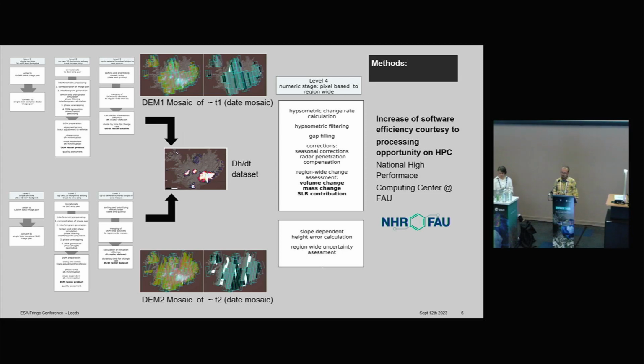We do a gap filling where scenes could not be fully acquired in the overlapping areas, so a hypsometric interpolation of gaps, and then we do a mass conversion with two scenarios. I will present the results of the conversion with 850 kilograms per cubic meter, transferring to gigatons of mass loss per year.